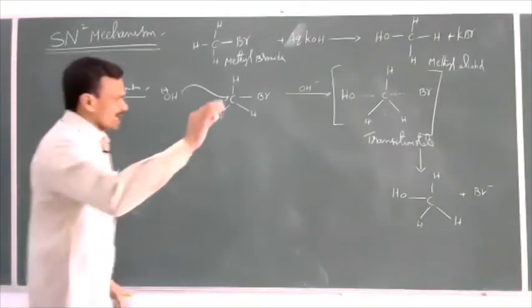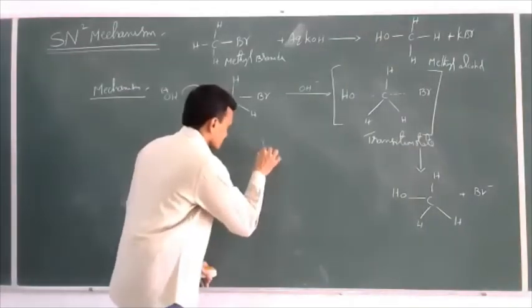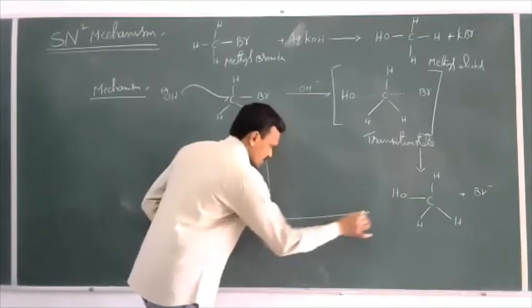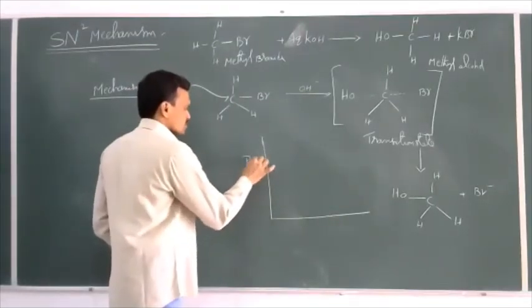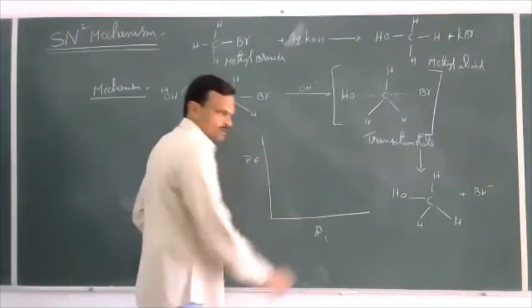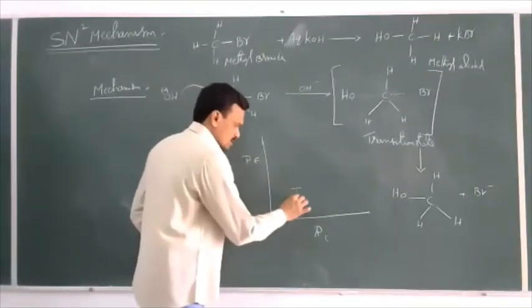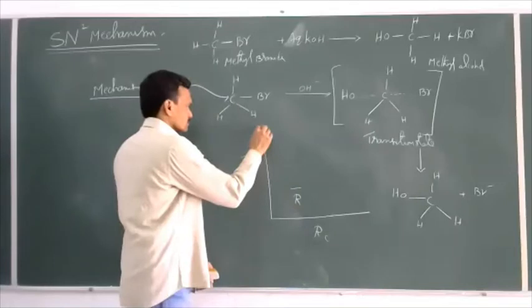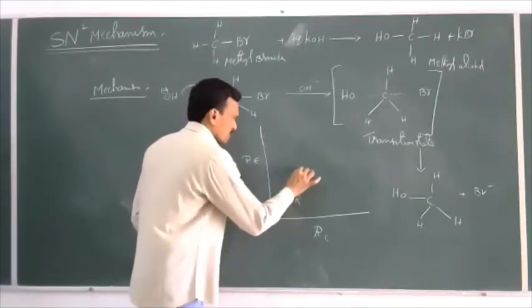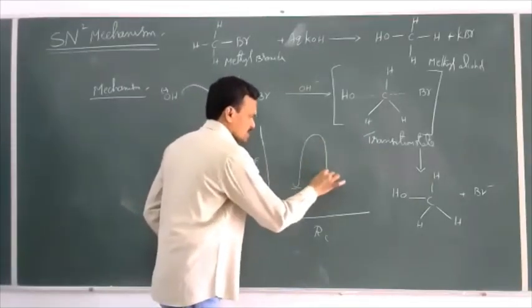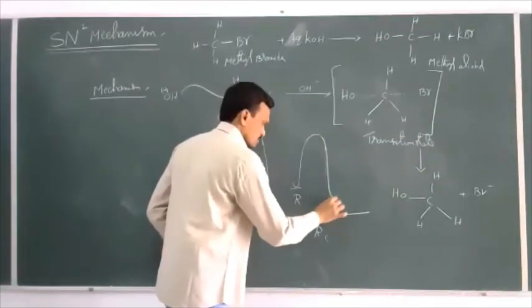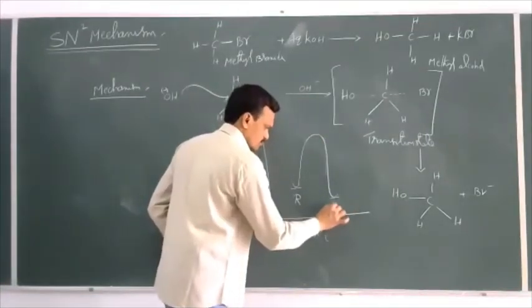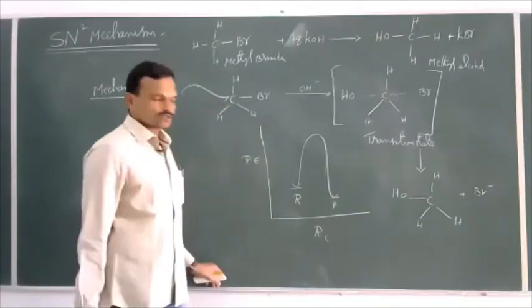Now, see the energy level diagram I draw for this, showing how this reaction takes place. This is potential energy, and these are reaction coordinates. This is the reactant molecule, and the reactant molecule is converted to the product molecule like this. Reactants to products.